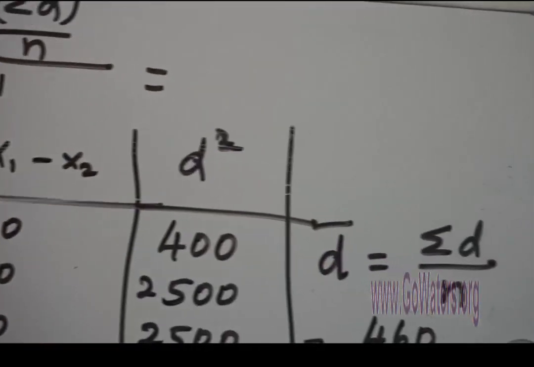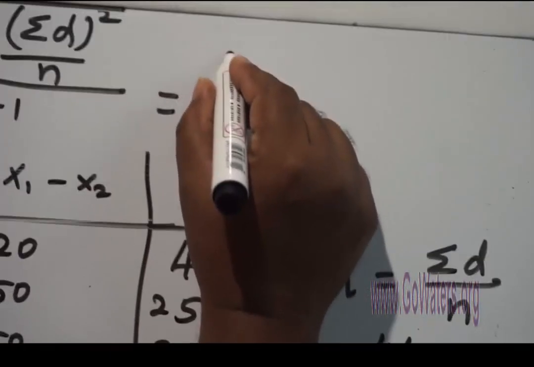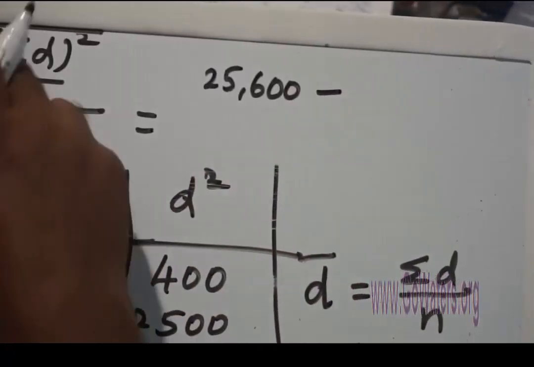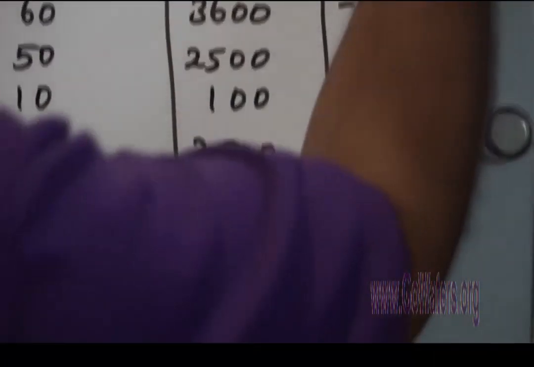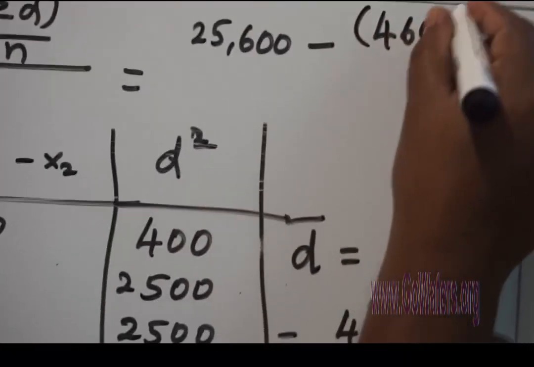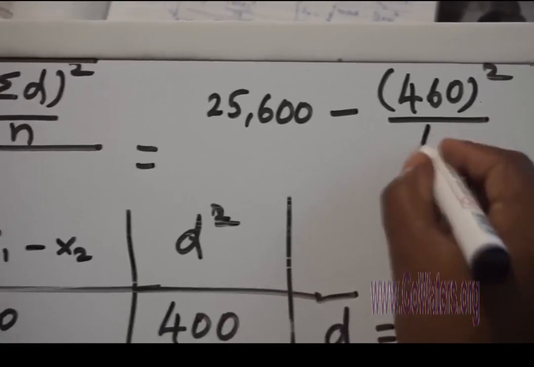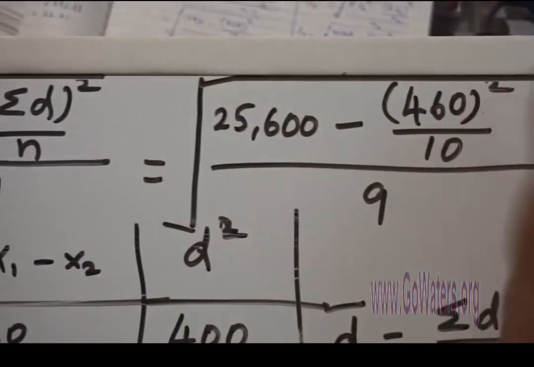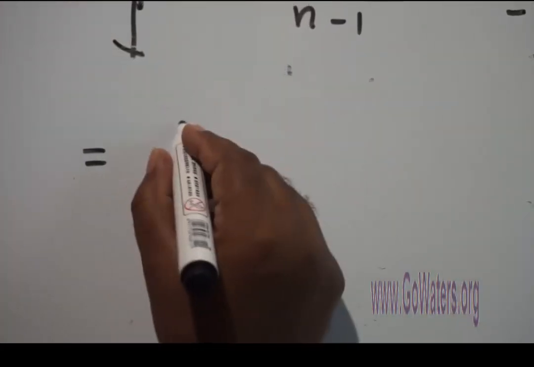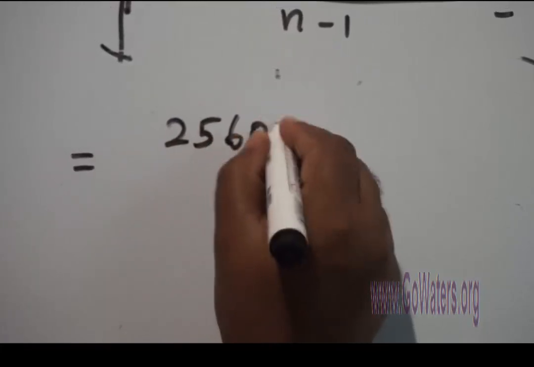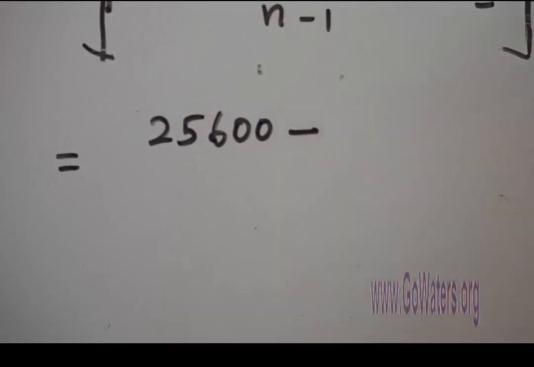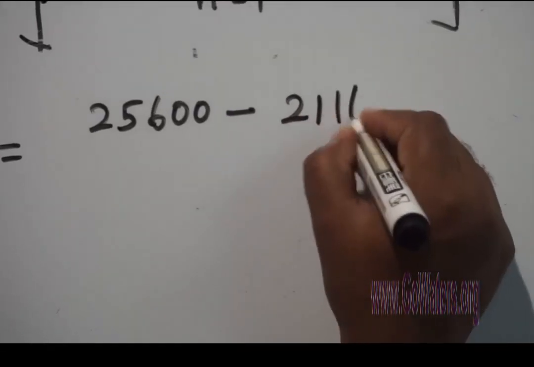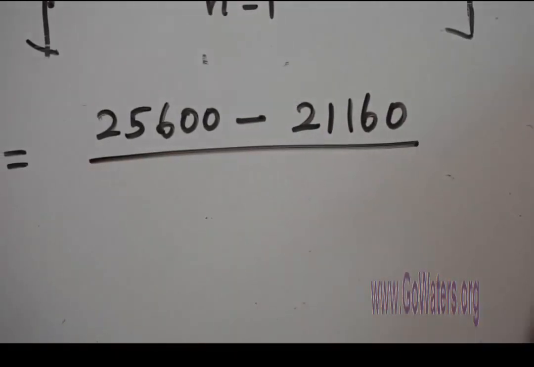Summation D squared is 25,600 minus sum D the whole squared, so 460 squared divided by 10, the whole divided by 9. 460 squared divided by 10 gives me 21,160, so 25,600 minus 21,160, the whole divided by n minus 1, that is 9.